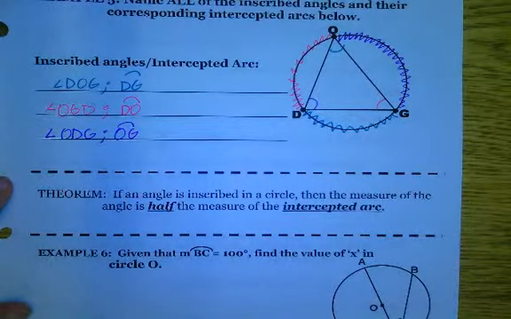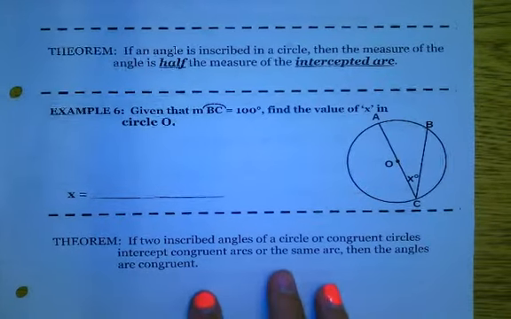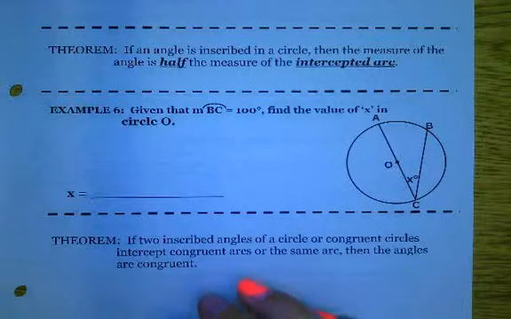We talked about this as well last time. If an angle is inscribed in a circle, then the measure of the angle is half the measure of the intercepted arc.